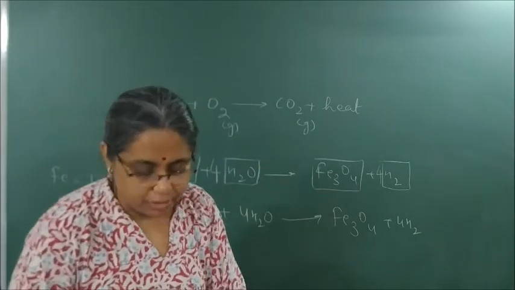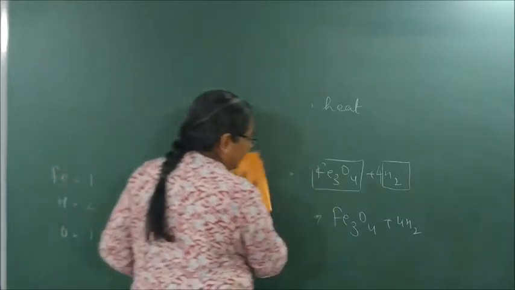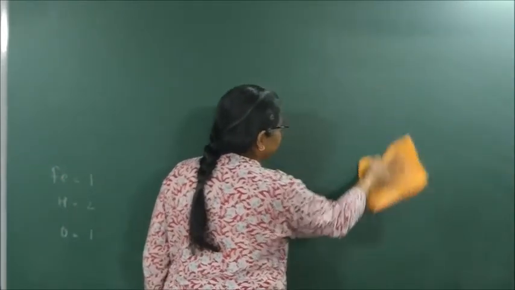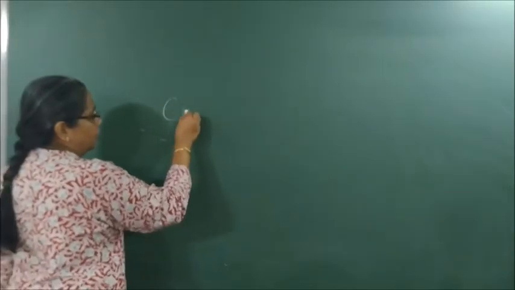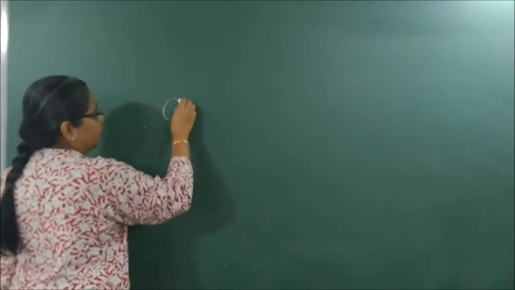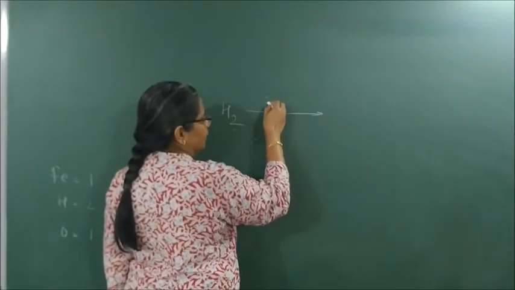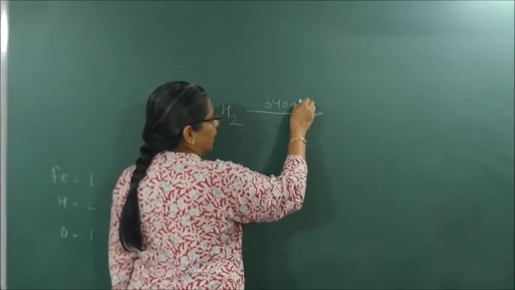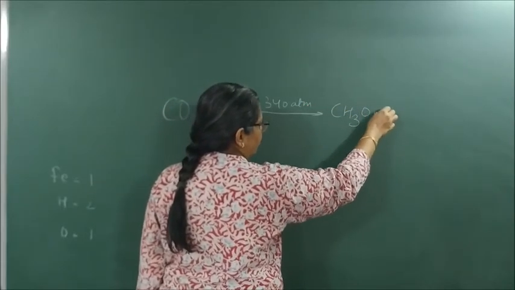Next equation. If I take carbon monoxide and react it with hydrogen at 340 atmosphere, what is my reaction? Carbon monoxide plus hydrogen, at 340 atmosphere, I will get methanol, CH3OH.